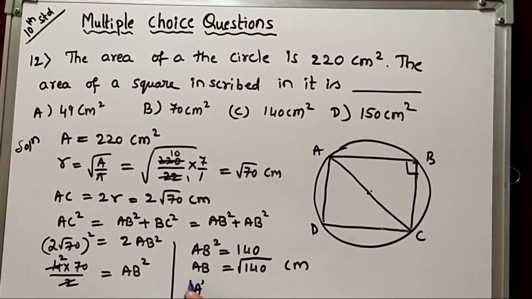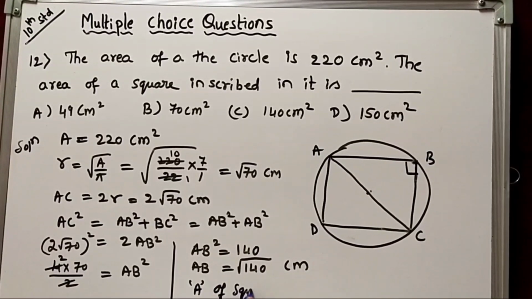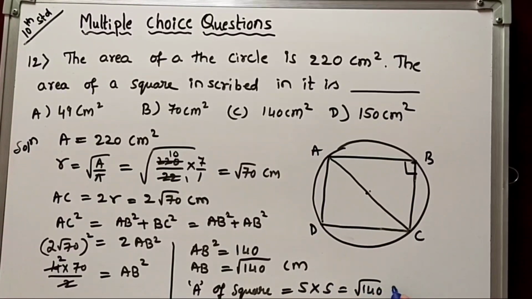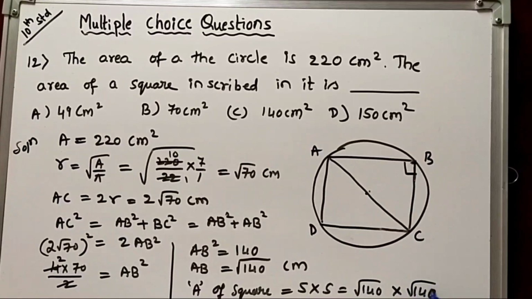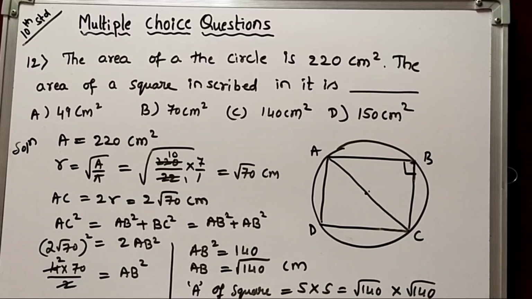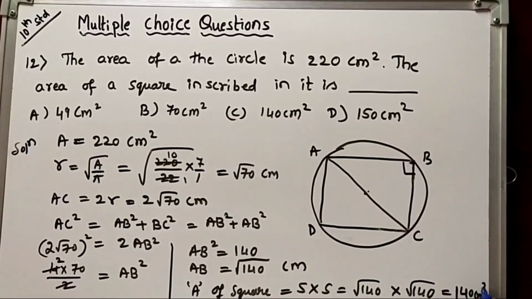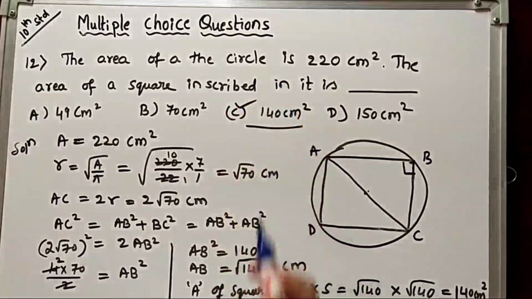Now the area of the square is equal to side into side, so square root of 140 into square root of 140, which is 140 centimeter square. So the answer is C.